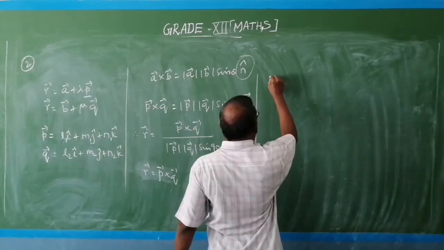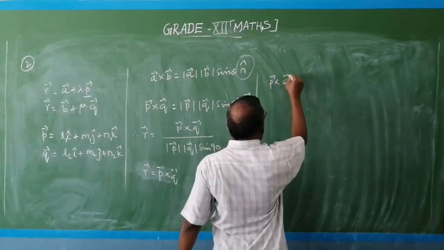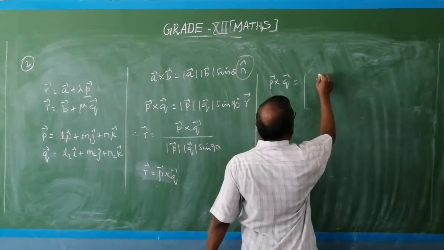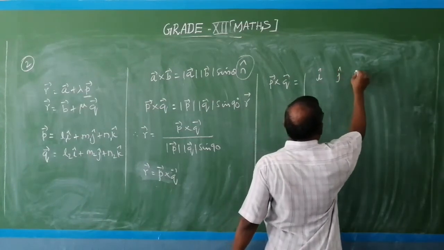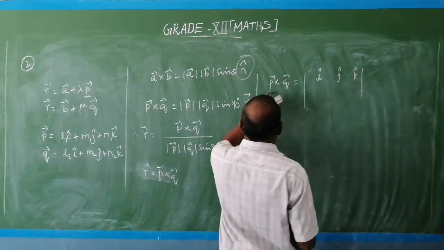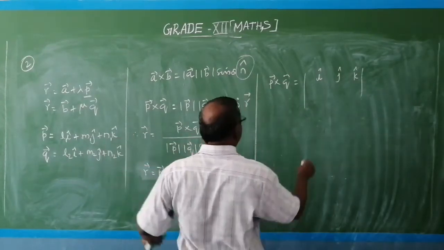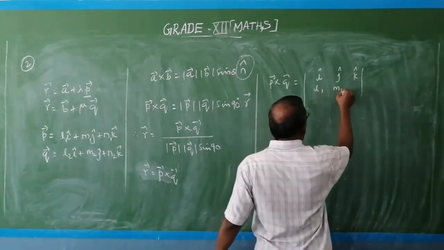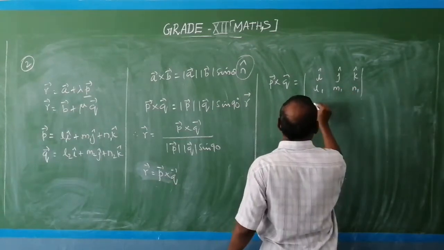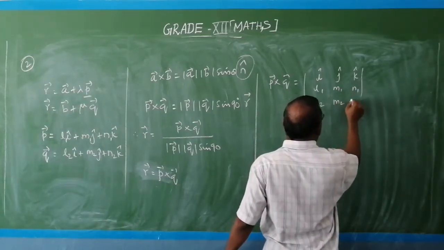P vector cross Q vector equals the determinant of i cap, j cap, k cap, and the direction cosines, that is the components of P vector, be l1, m1, n1, and Q vector l2, m2, n2.